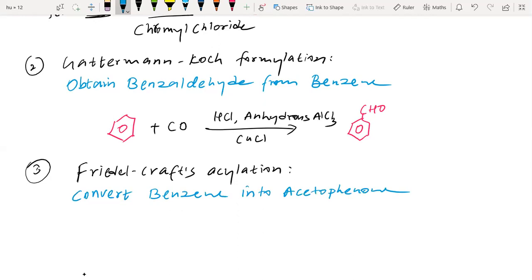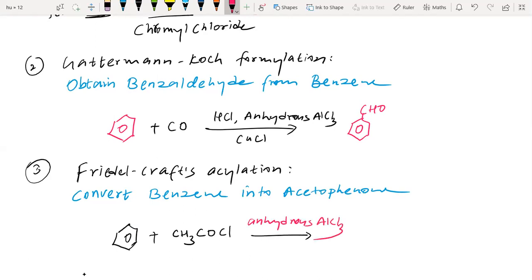For this, the starting material is benzene, and when it is reacted with acetyl chloride in presence of anhydrous AlCl3, as this is acylation, the acyl group is introduced in benzene.